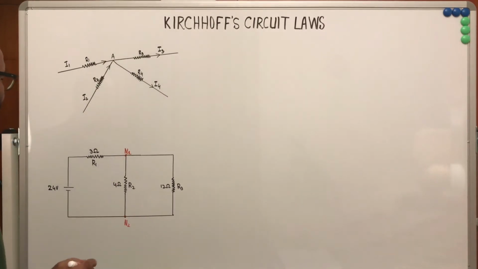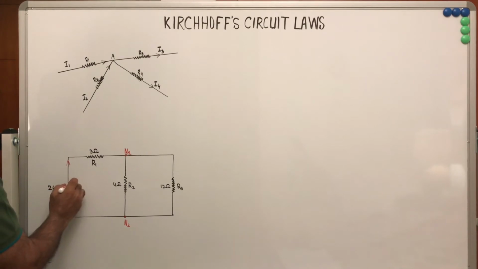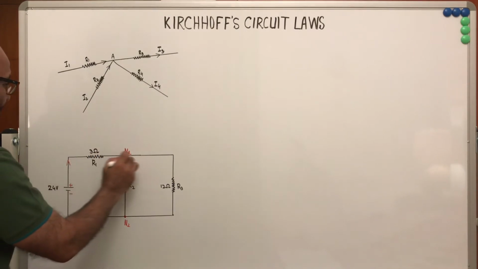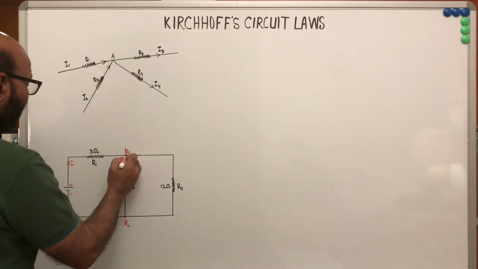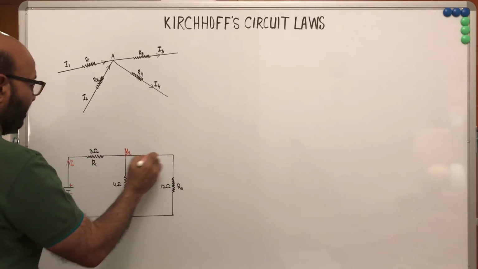The second step is to identify the current and its direction. Since this is positive and this is negative, the current flows from positive to negative. So this is I1. At this point, the current has two paths to flow, this one and this one.